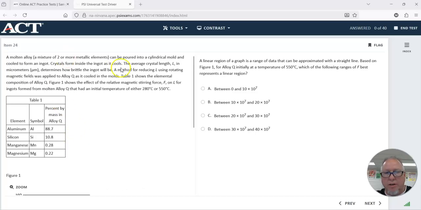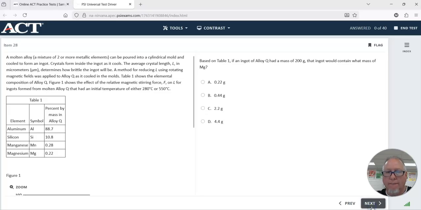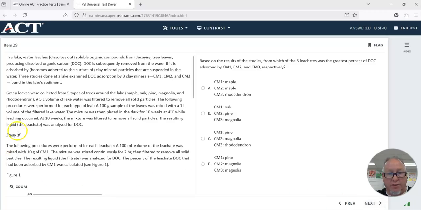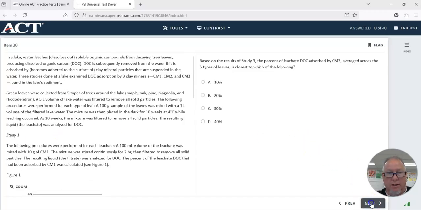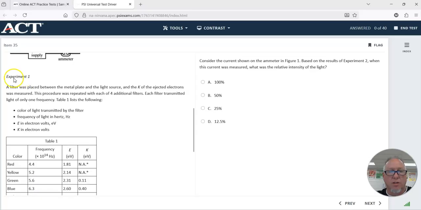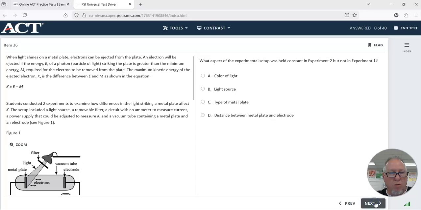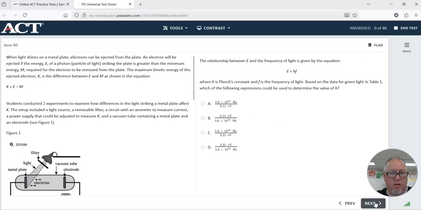There's only 2 graphs, but the giveaway is there's very little reading, and the other giveaway, 5 questions. 1, 2, 3, 4, 5. So when I click next one more time, it's going to be a new thing. This is an experiment passage. I know that because it says study 1, study 2, study 3. And if I go forward further, I'm going to get to another experiment passage, because it says experiment 1, experiment 2, experiment 3, and I think I'm almost done because this is going to get me up to question 40.